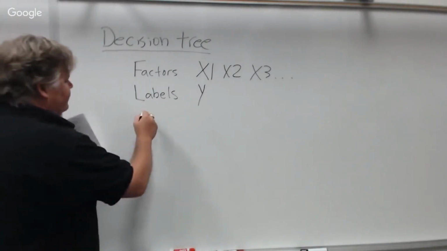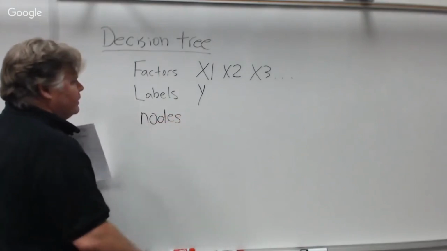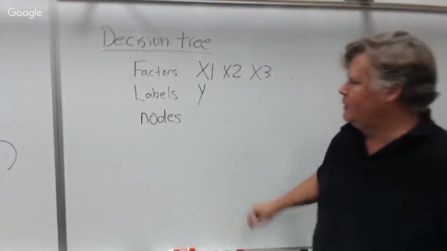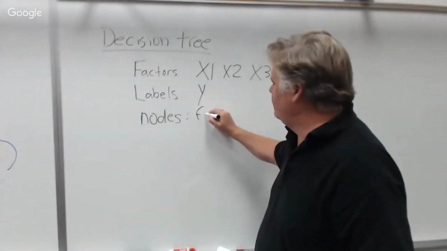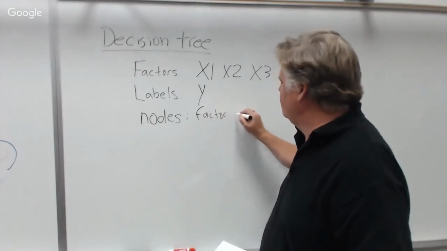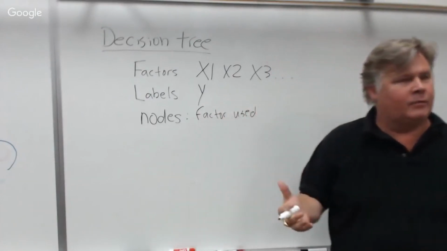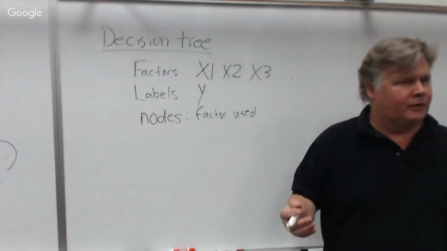Then we have a set of nodes, and each node includes the factor used, and what I'm going to call a split val or split value.